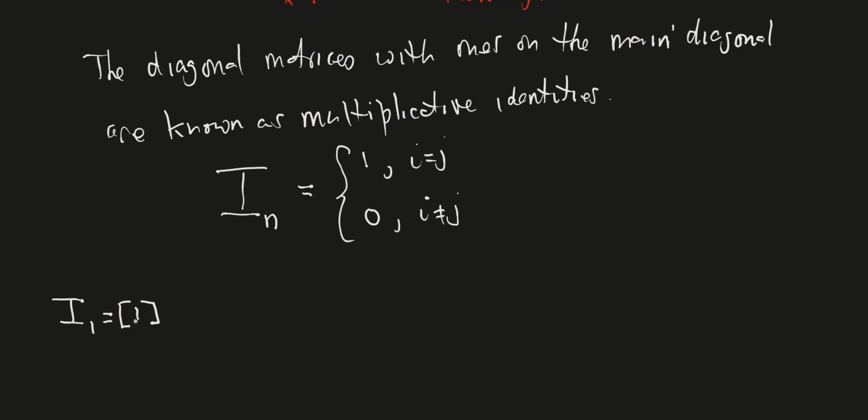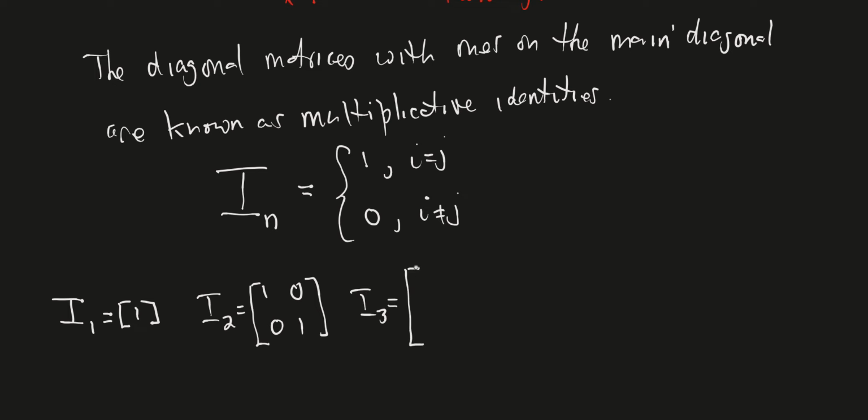It is possible to have a matrix that has just one row and one column. Sometimes it's considered a trivial matrix, but then if I have 2 rows and 2 columns, this is the identity matrix that we established for the 2 by 2s earlier. And then this pattern continues just by increasing the number of rows and columns.